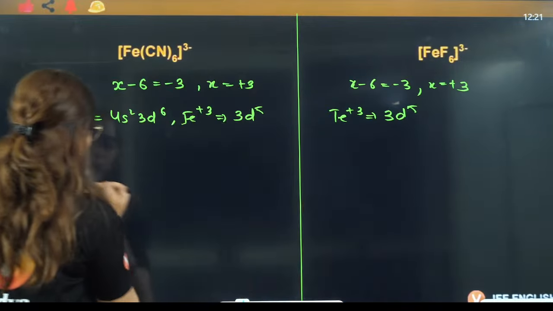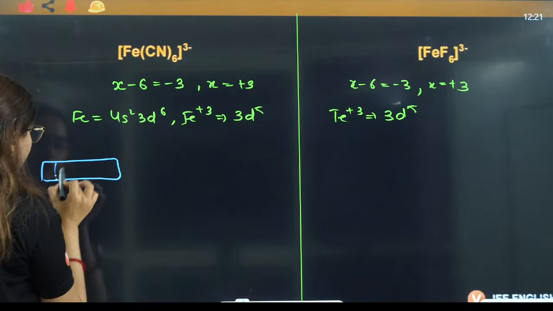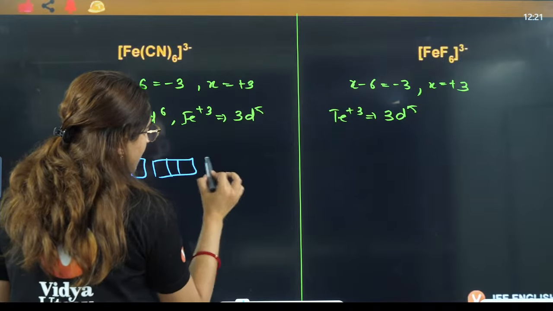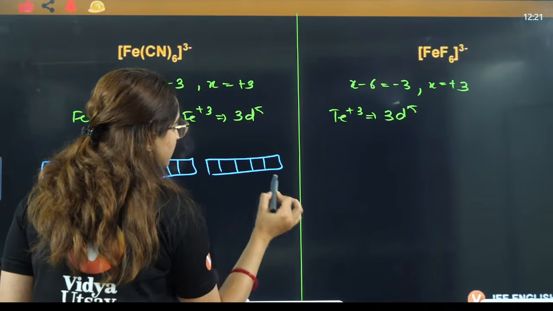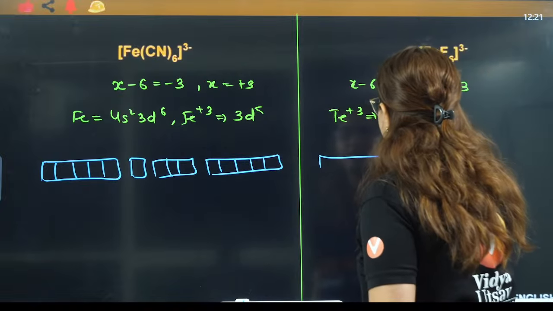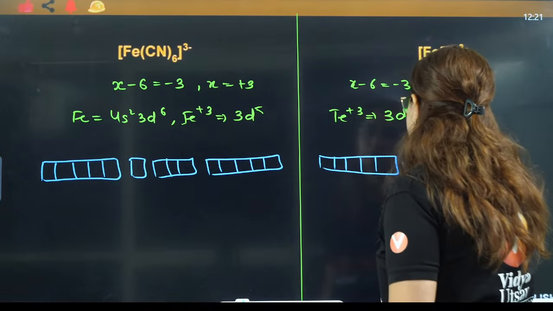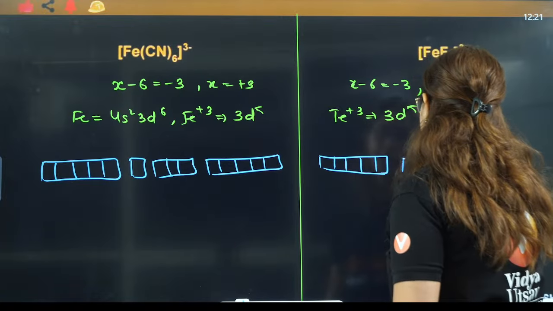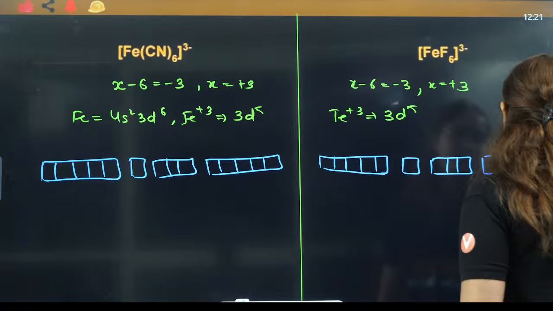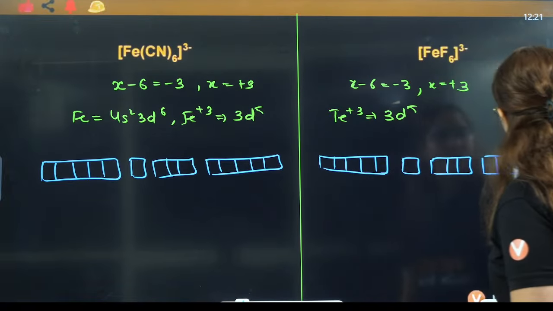Now here you will have d, 1 2 3 4 5, s, this is p, again this is d, another, this is outer d. Okay, here also you will have d, then s, then p, then another d.